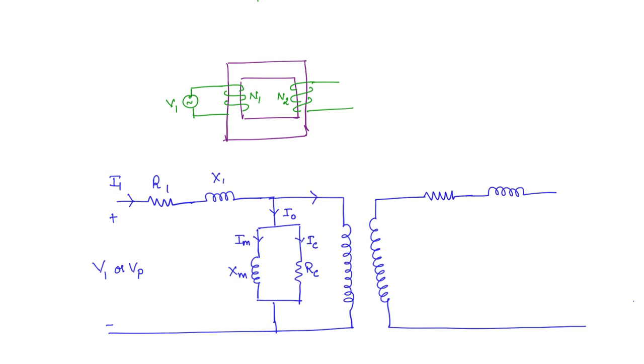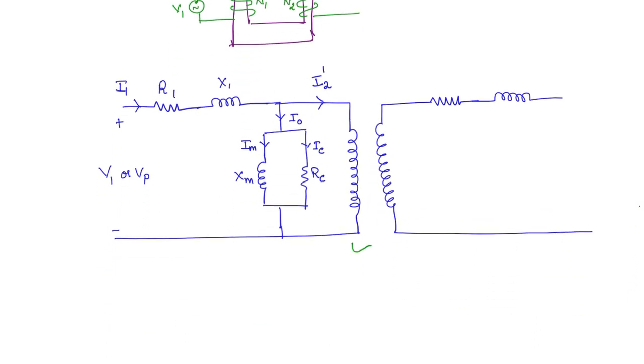Now what about this current? This is going to be I1 minus I0. We take it as I2 dash. Why we are taking it as I2 dash, you will understand later. Now what is this here? This is nothing but the ideal transformer representation. So if you take this voltage as E1 and this voltage as E2, these are the actual induced EMFs, okay, and the voltage and current ratios that we have discussed for the ideal transformer will be applicable to these voltages, okay, not to the terminal voltage.